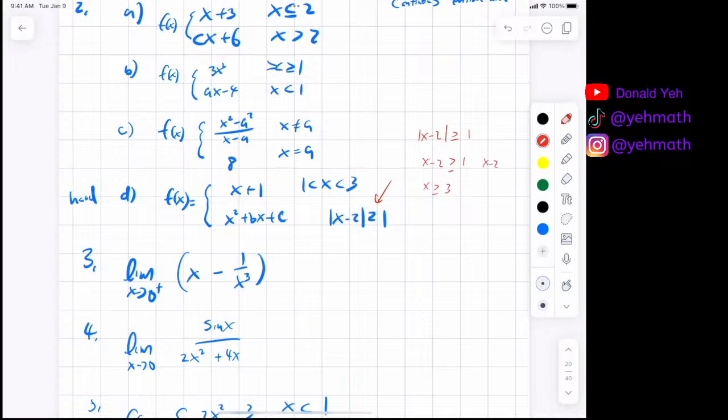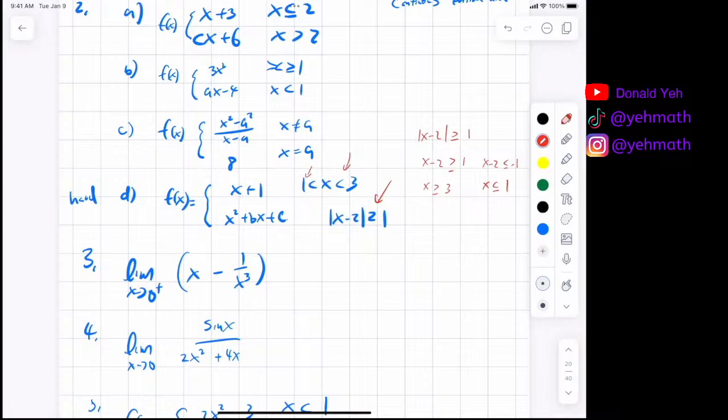And this is x minus 2 less than negative 1, so x is less than 1. So there is a between 1 and 3, and this function could be less than 1 or could be greater than 3.